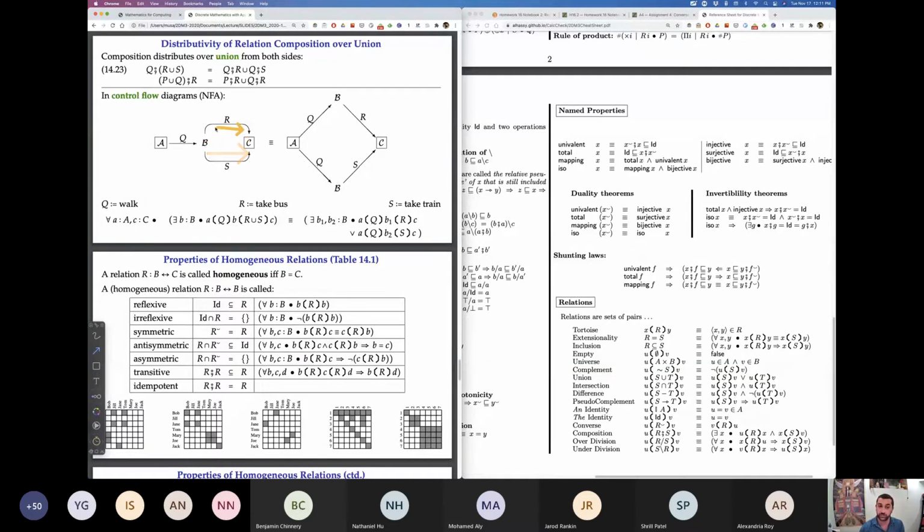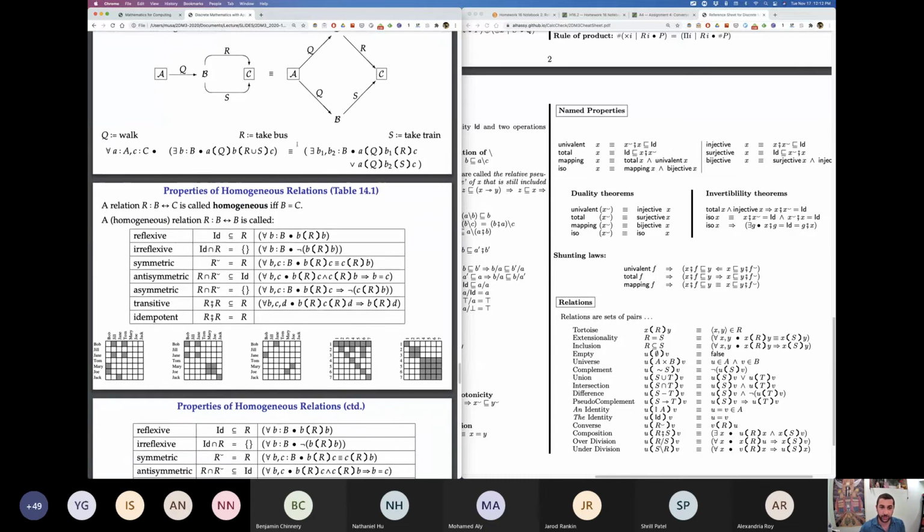I have two different ways. That's the same thing as saying, let's walk to the station and then take the bus, or let's walk to the station and then take the train. So it's just a normal distributivity rule you've seen before.